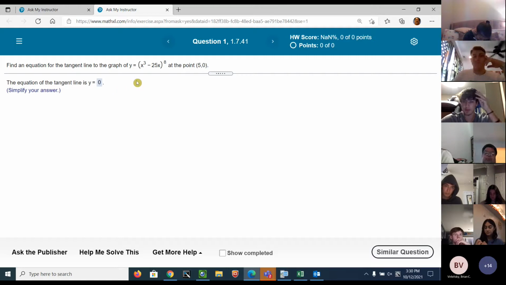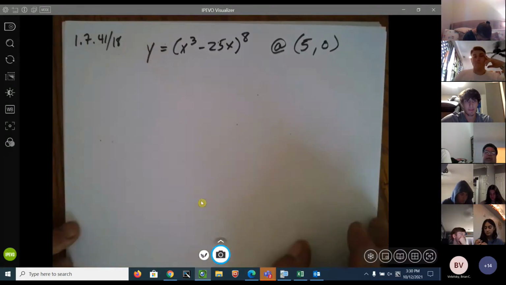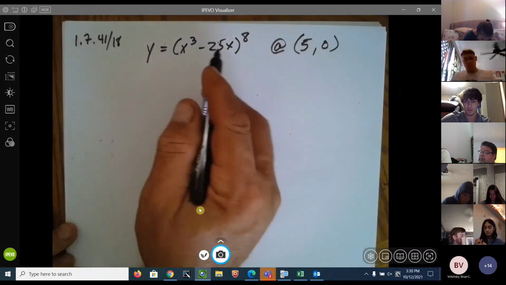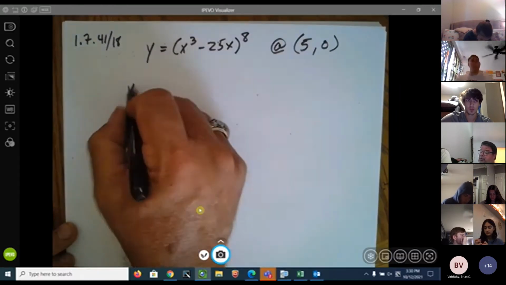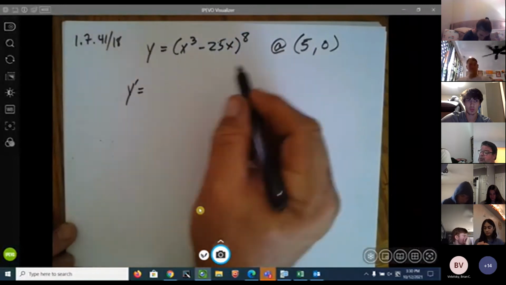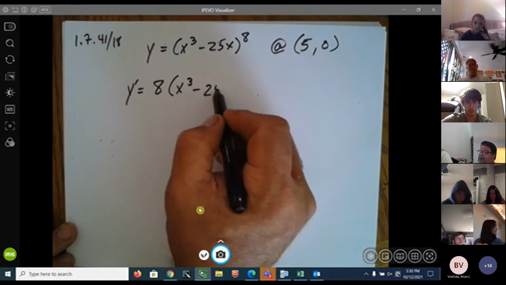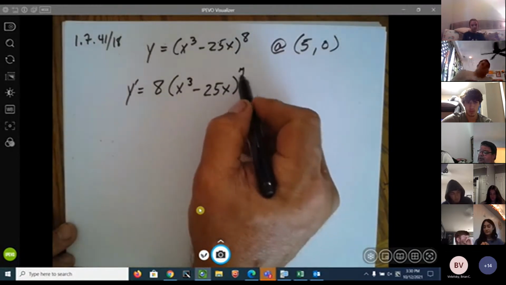So this is what they want. Same thing we did in that last problem. Not this one, but the one before. We got to find the derivative. So use your chain rule. Y prime is equal to 8 times x to the third minus 25x to the 7th.